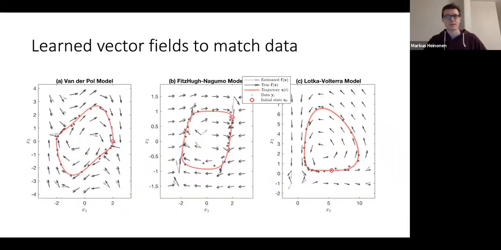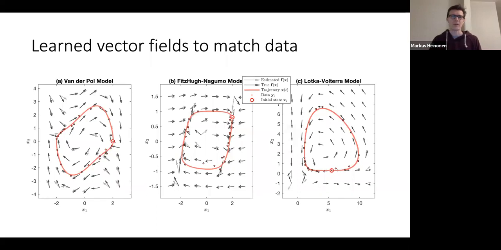However, it's not perfect. If we look more closely into the systems, these are the vector fields of these 3 systems that we studied. And here, I think the gray arrows are probably the correct ones, and the black arrows are our estimations, or vice versa. I don't recall now. It seems that our vector field is quite accurate around the observed data.